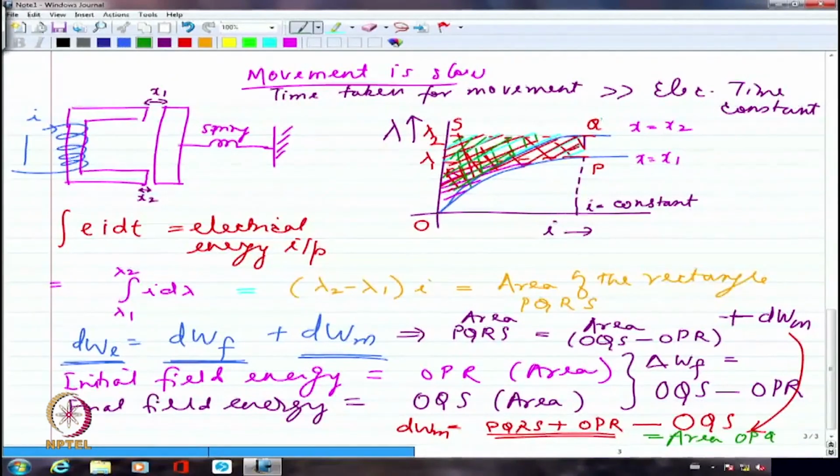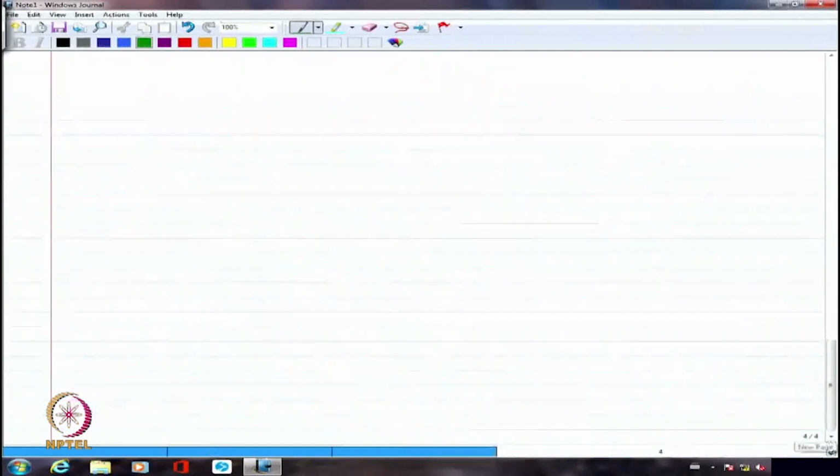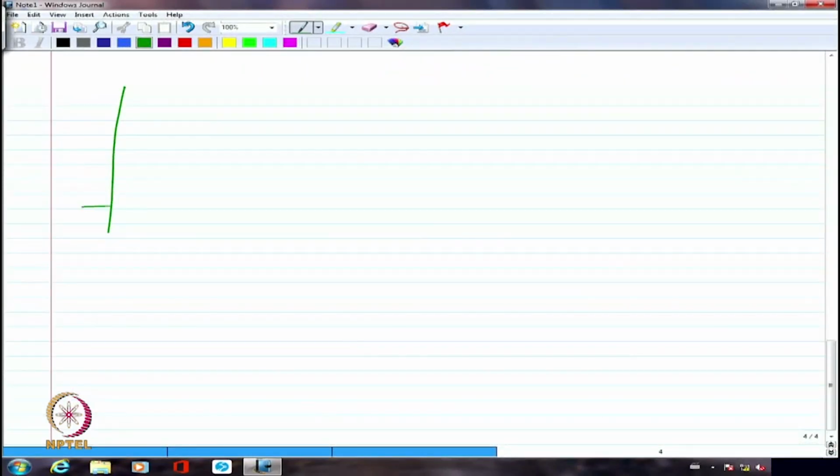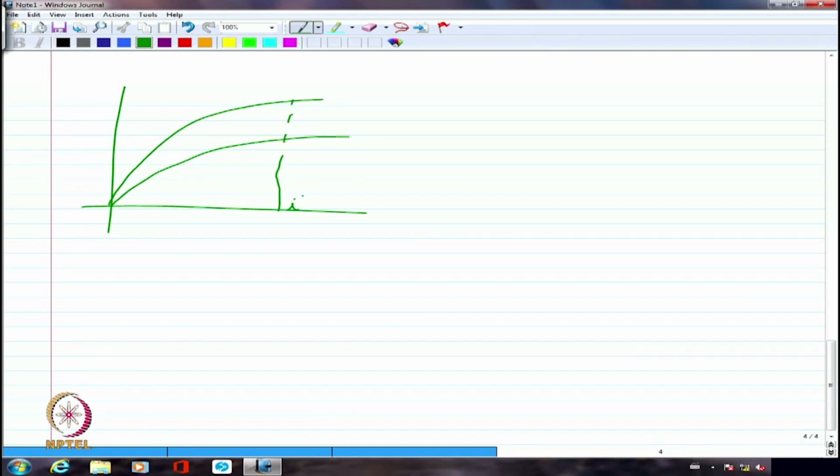Let me try to probably redraw the figure. What we had done is, first we showed one curve like this, we showed one more curve like this, and we showed this I to be the same I. We showed that this rectangular area gives me whatever is the electrical energy, and this area is going to give me whatever is the field energy originally that was present.